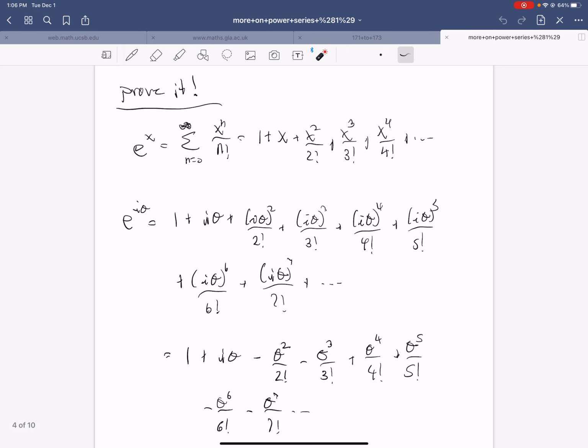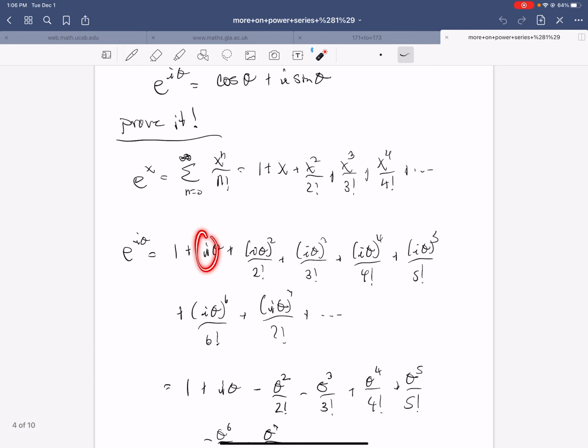And then the thing that you have to remember is this, that i to the first power, so I'm going to even write this in here. So i to the first power is i, but wait, let me erase this, make it smaller. So i to the first power is i, i squared is -1, i cubed is -i, and i to the fourth is 1.